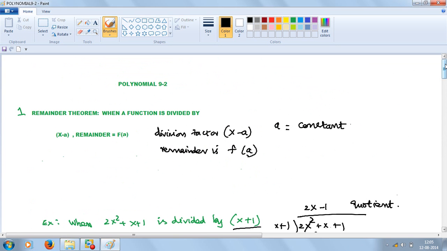So this remainder theorem is very useful in factorizing, finding out the remainder, factors we can find out. This theorem we use it frequently, so the students have to be thorough with the remainder theorem.